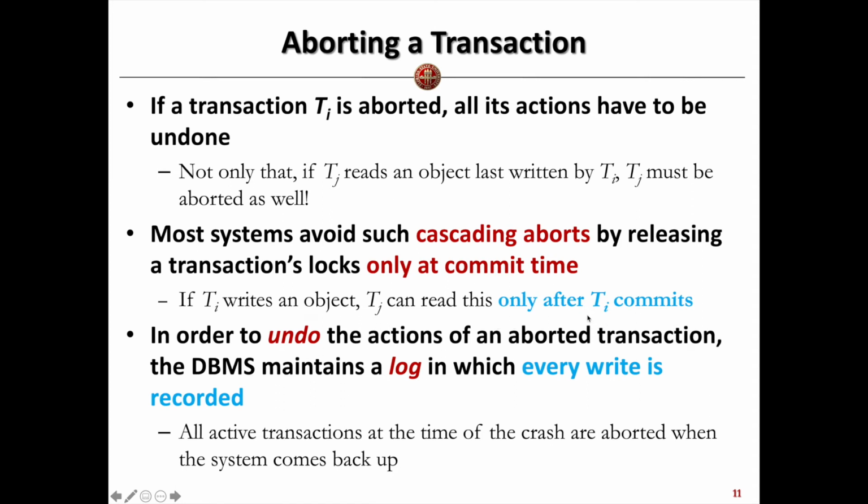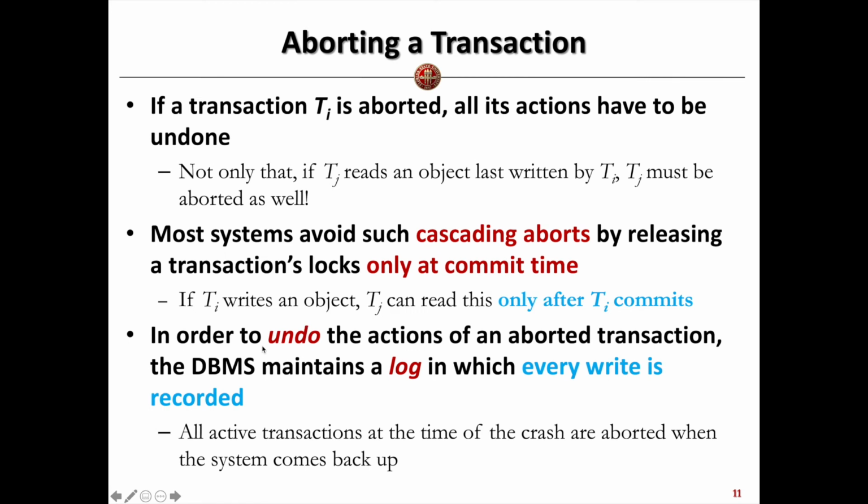During the running time of Ti, we lock this object, and after Ti finishes, we can unlock this object and Tj can read it. In this way, we avoid cascading abort because Tj reads a reliable object after Ti finishes, so Tj can run successfully, independent of Ti, via these locks.